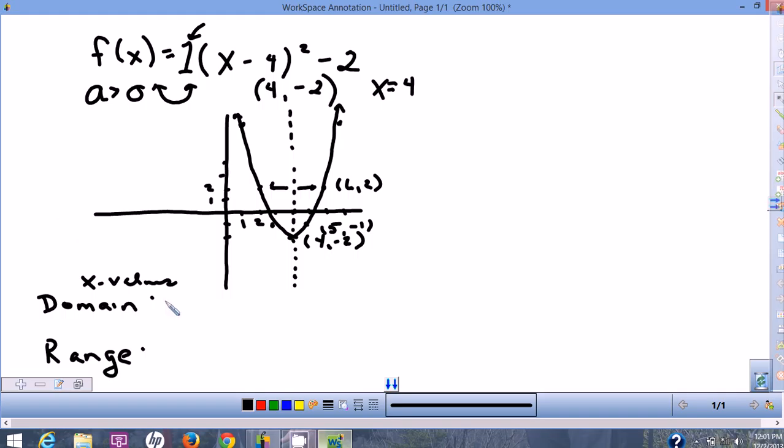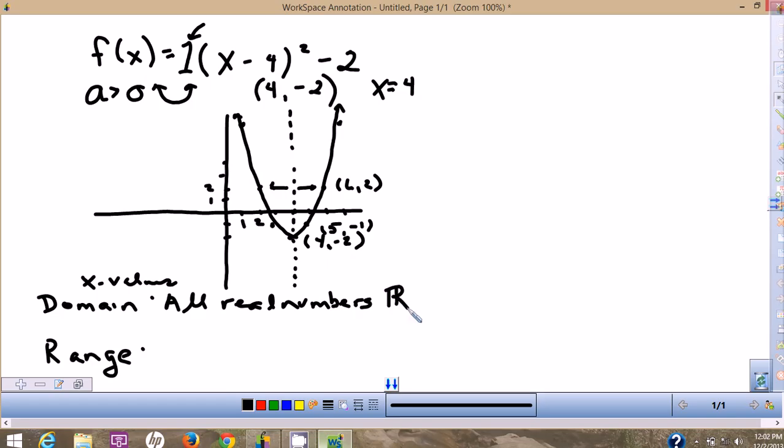So the domain of this function is all real numbers, because our quadratic is always going to be defined at any x value that I want to put in. We can write that with our funny looking little R if we want to say all real numbers. But the range of our function is not all real numbers.